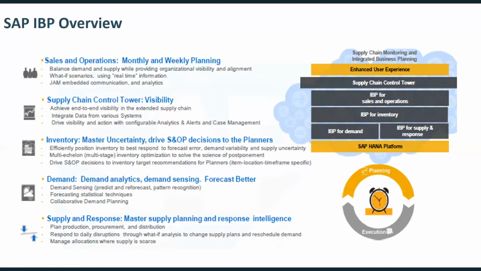Supply chain control tower is intended to enable your visibility into your supply chain so that you are monitoring the right KPIs, the right dashboards across your supply chain, which you roll up into your organization-wide KPIs. So you know your supply chain in and out with the KPIs that this module provides.